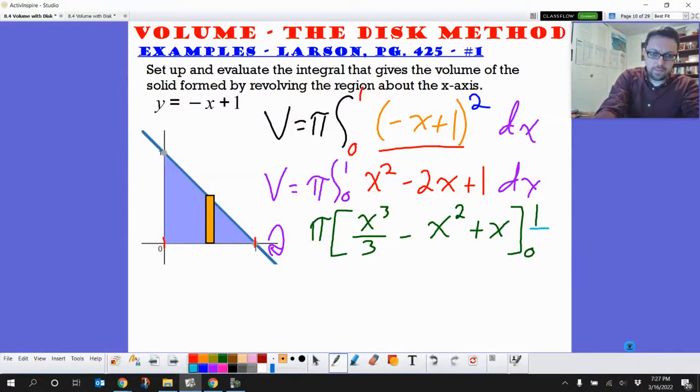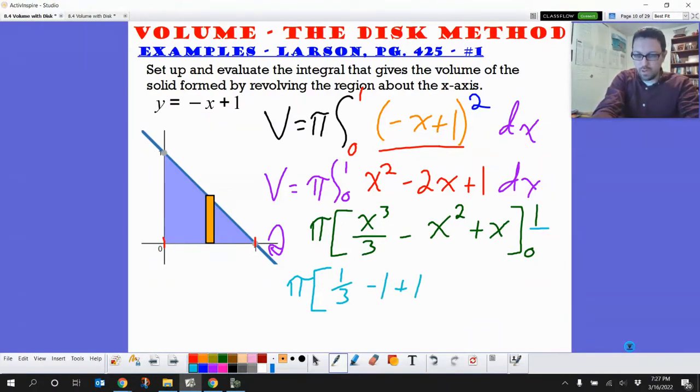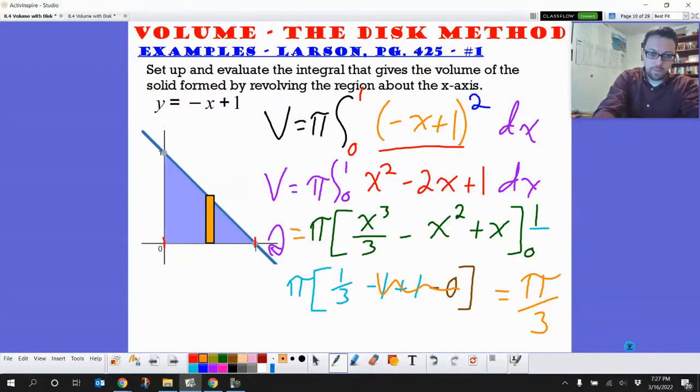So our top value is pi bracket 1/3 minus 1 plus 1. And then our bottom, those are all zeros. So it's really just like minus 0. So that's not really doing anything. Well, all that stuff is just 0. So bye-bye. So our volume is just going to be pi over 3.